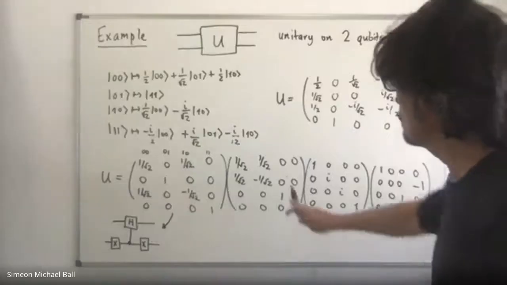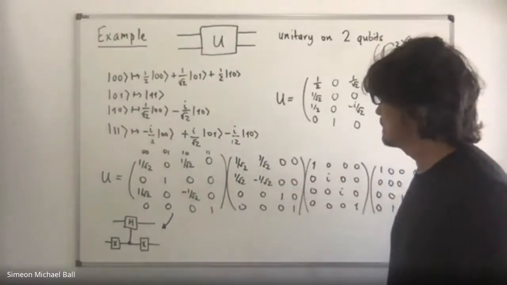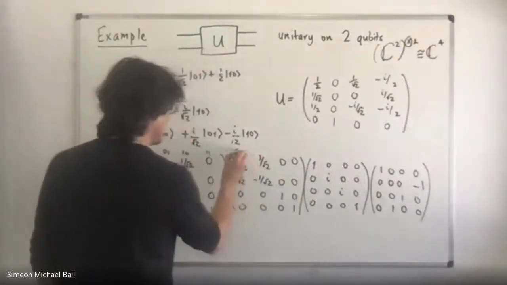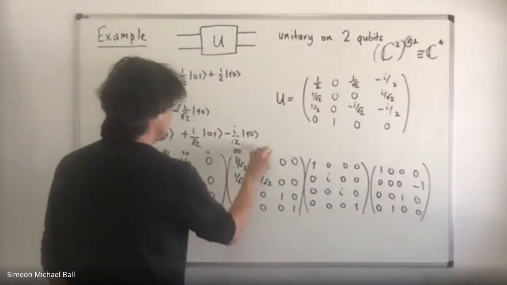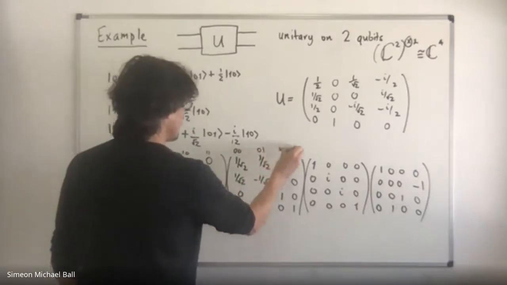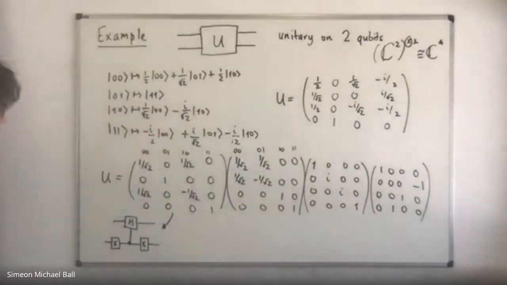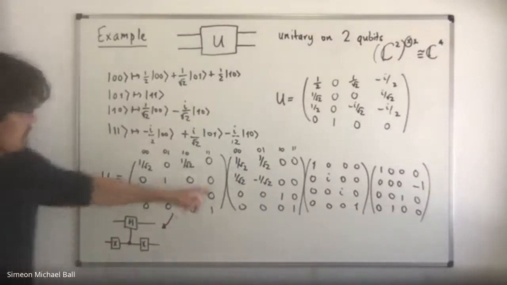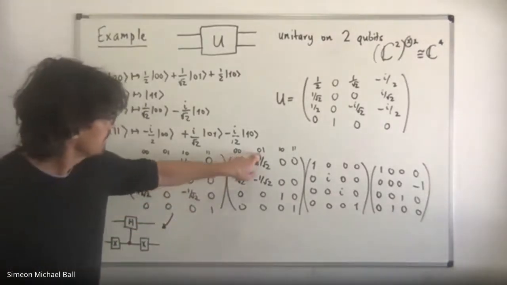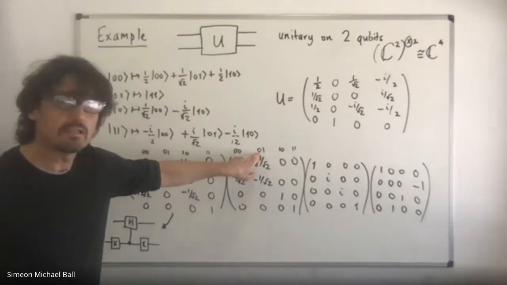Okay. And so how would you do this one then? So this is now a Hadamard here. Do you see what's happened here? It should be Hadamarding the second qubit when the first qubit is not set.